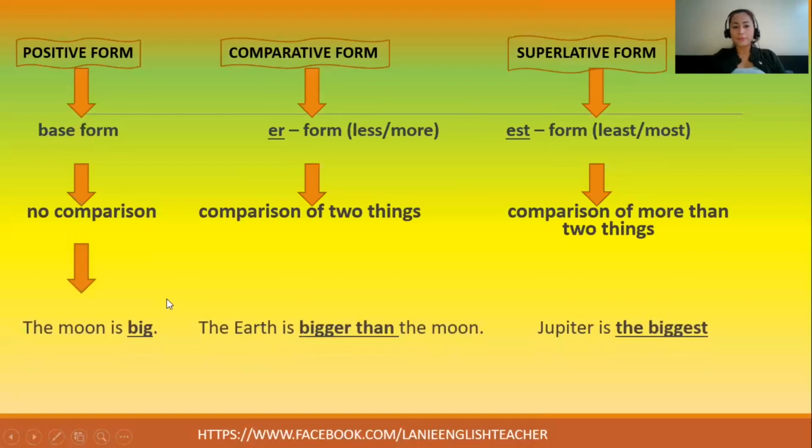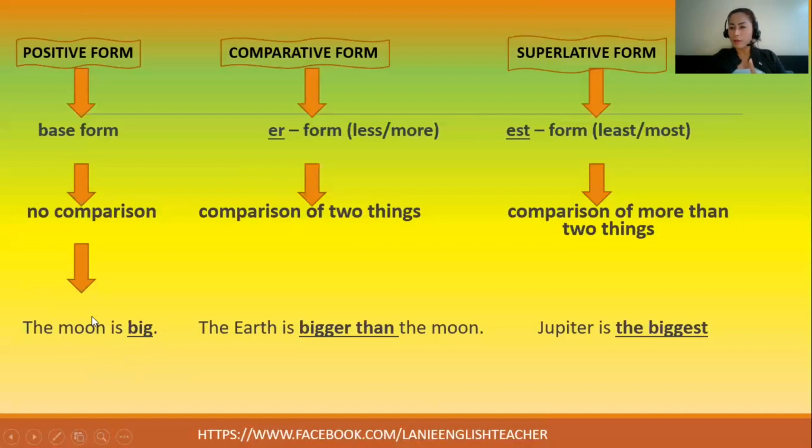Let's take the first sentence here. The moon is big. The underlined word here is big, which is an adjective in positive form. What makes it positive form? Take a look at this. There is no other thing being compared to the moon.